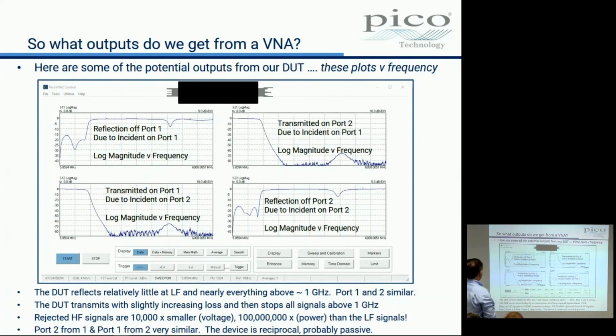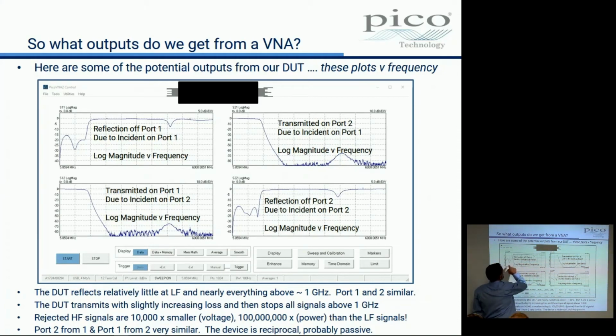Right, here are some potential outputs on a VNA from our DUT. All of these plots are versus frequency. We're going to call this one S11, which we've heard about before. I'm going to use a log scale here. This is log magnitude, frequency from 5 megahertz to 6 gigahertz.